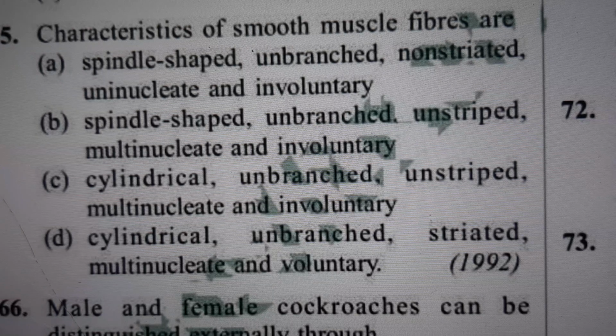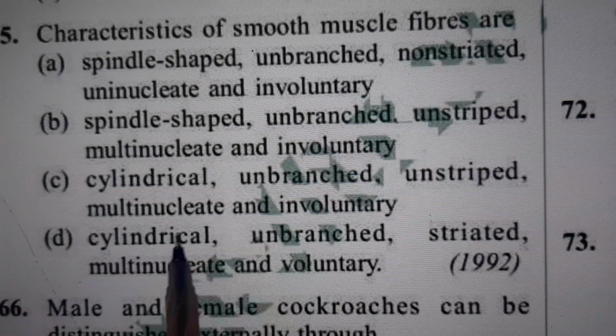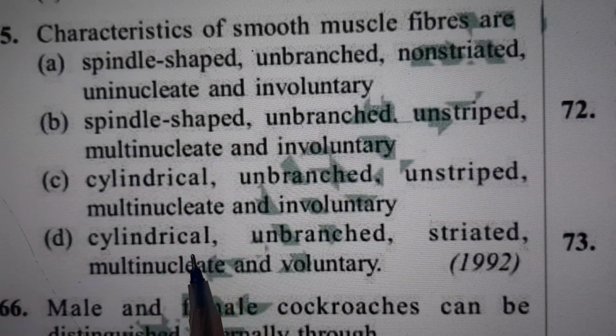D. Cylindrical, unbranched, striated, multinucleated, and voluntary. So first of all, when we talk about the shape, it is spindle shaped or fusiform. So you can eliminate options C and D, which say it is cylindrical. The answer could be either A or B.